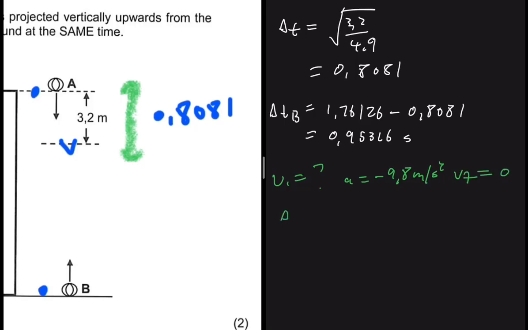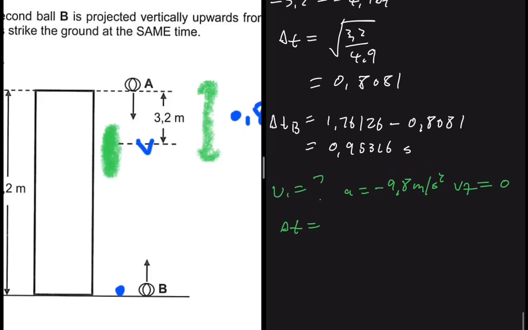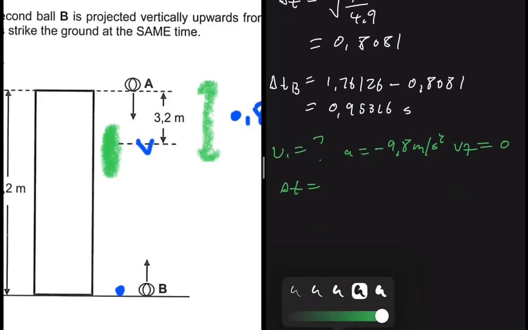To find the change in time from ground to maximum height, we take the total time divided by 2, because the time taken from ground to the maximum height is the same as from maximum height to the ground. It is actually wrong for me to put this dot here. We don't know how high ball B is above the ground at maximum height.